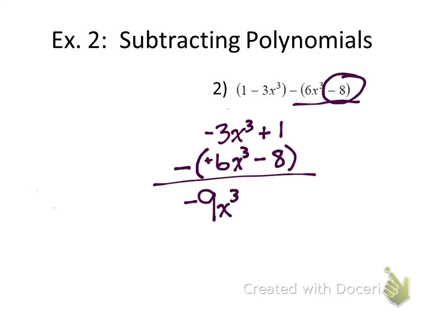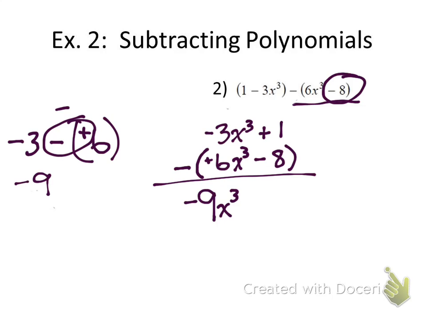Now if that's confusing to you, you could just do a side problem. Just take the coefficients, negative 3, take the operation minus, and then take the second coefficient, work out a middle school problem. You know that negative and positive should be negative, so we have the same signs, negative 3 minus 6, which is really adding and keeping the sign, which would be negative 9. Okay, that's on the side.